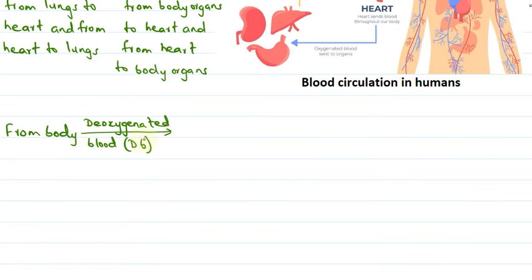So this deoxygenated blood from different parts of the body is received by the right atrium through superior vena cava and inferior vena cava.